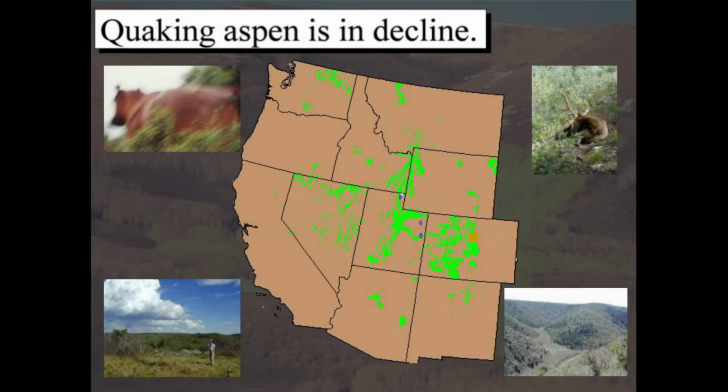So to zoom out and take a more macroscopic approach, Quaking Aspen is in decline over a very strangely speckly portion of the western United States. But we've got 50 to 95 percent declines over large sections of its range. And when you have declines that are this widespread, the factors that are occurring in each individual place are going to vary.